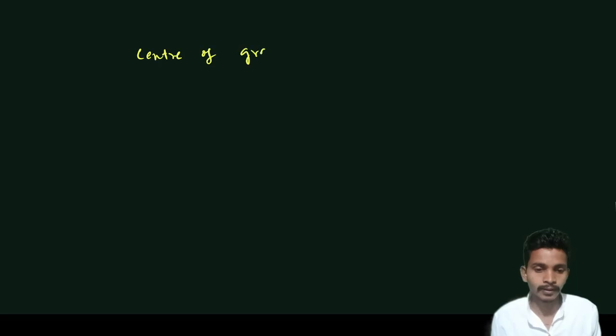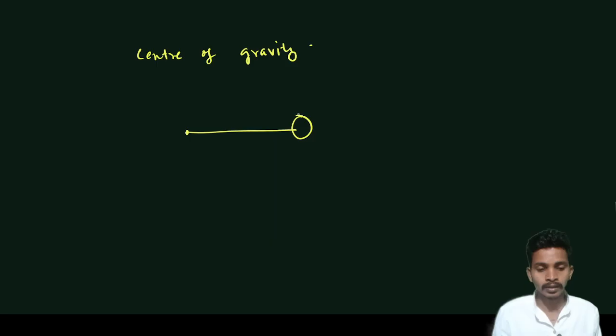We have discussed the center of gravity. What it means is that, let's say one molecule is rotating along this point. Whenever this molecule rotates like this, this is the center of gravity for the molecule.